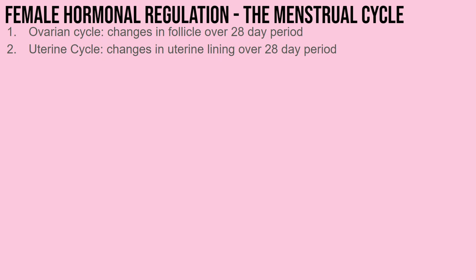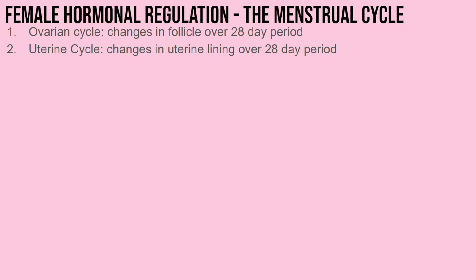We're going to talk about the ovarian cycle. And there are 3 phases. You have the follicular phase, ovulation phase, and luteal phase.